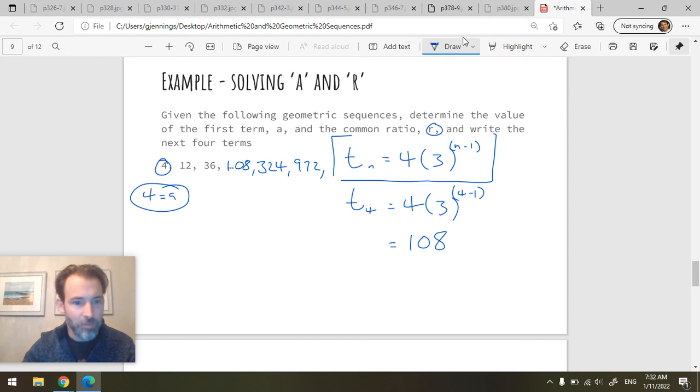So 28 times 3 gives me, oh geez, is that 84? Yes, it's 84. So 3,000 minus 84 gives me 2,916. So you check my work, see if that's the sixth term of this geometric sequence.